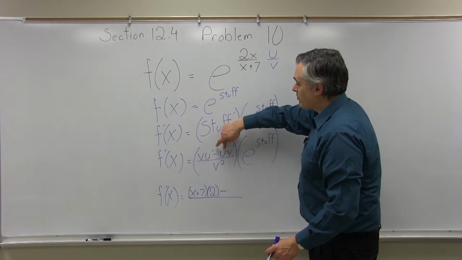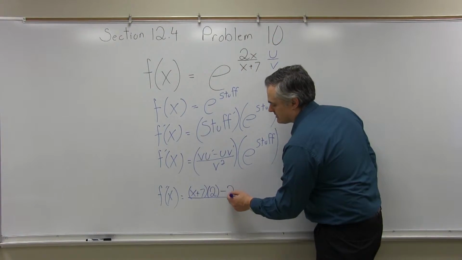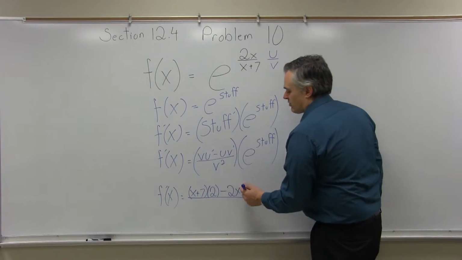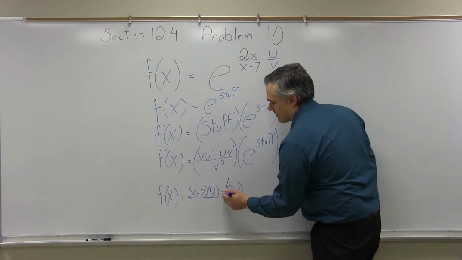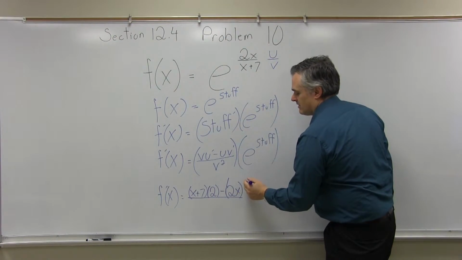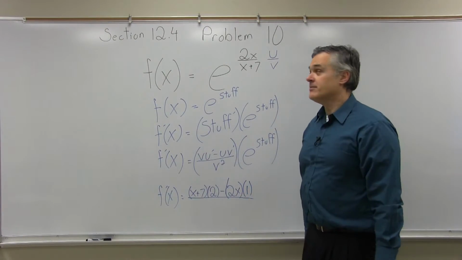So now I'm at the part of the quotient rule where I have a minus. Then I have u, no prime. So u, no prime, is 2x times v prime. So v is x plus 7. V prime will just be 1.